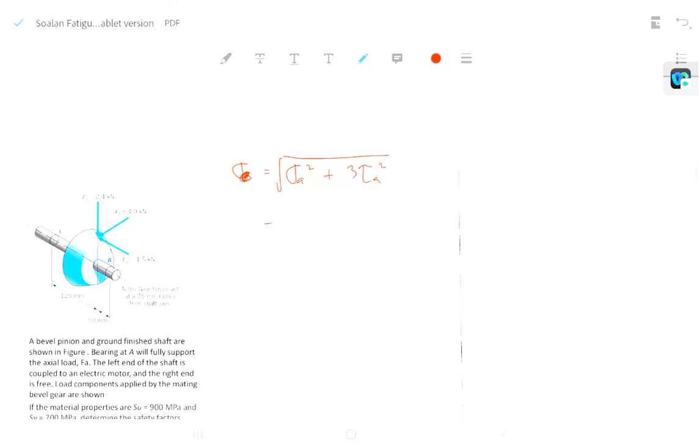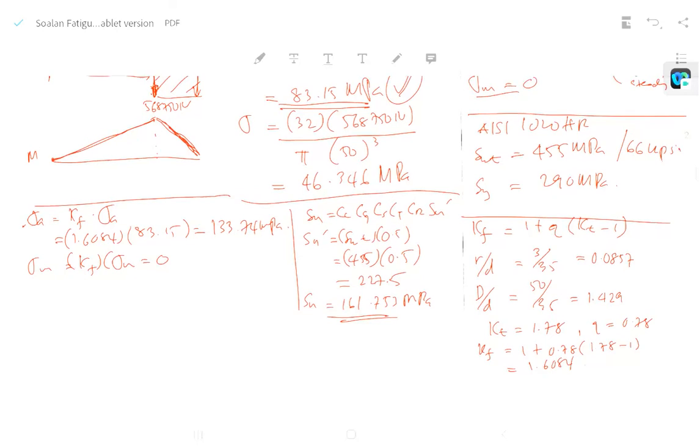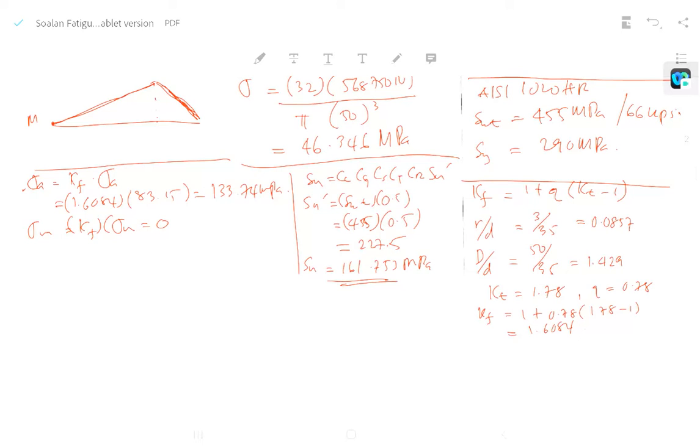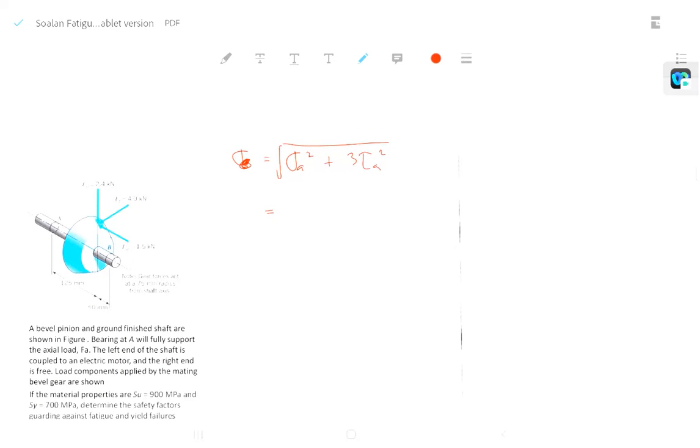We just have the value of alternating stress, which is 133.74.